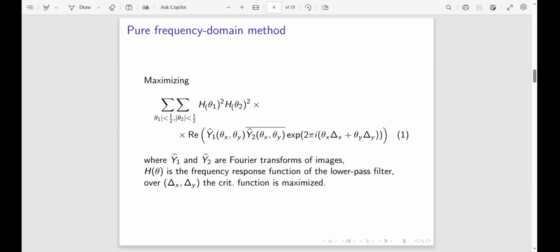You say about maximizing, but by what parameter? Yes, the parameter is delta x, delta y.